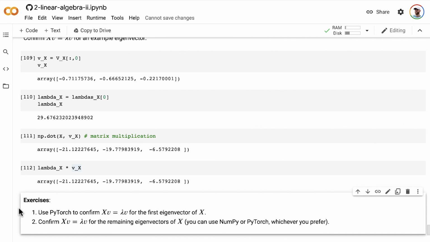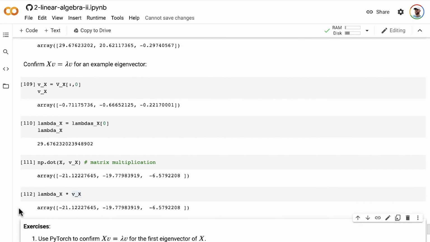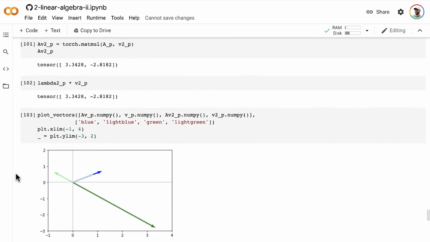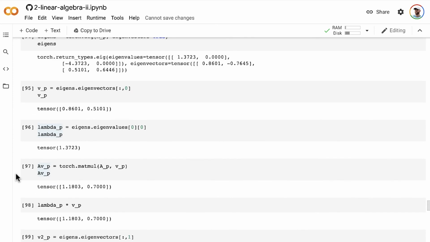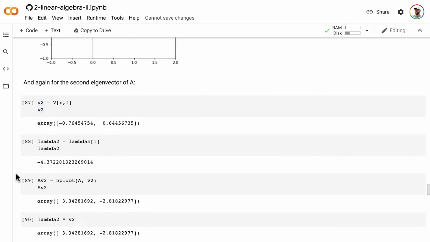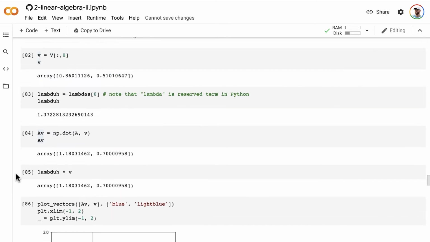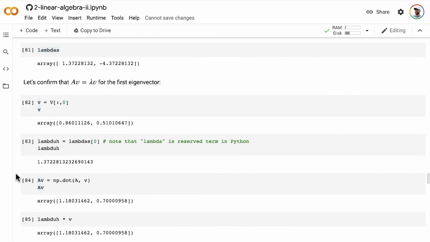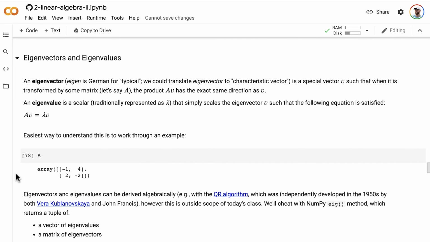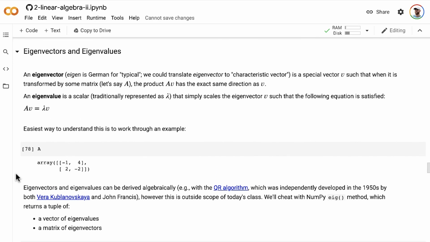I think you should be able to figure it out on your own, but nevertheless, the exercises will be useful because they'll help you slow down and think about what I've been telling you throughout this video on eigenvectors and eigenvalues. And so you can assimilate that information when you change some of the values around and check these equations yourself. So that will definitely be a valuable exercise. I recommend taking the time to do it now.